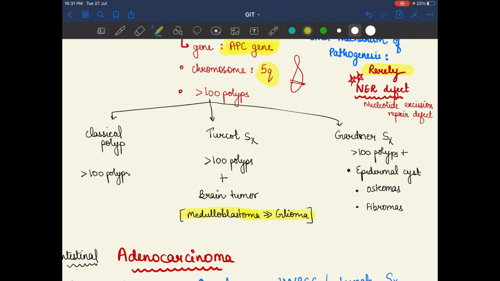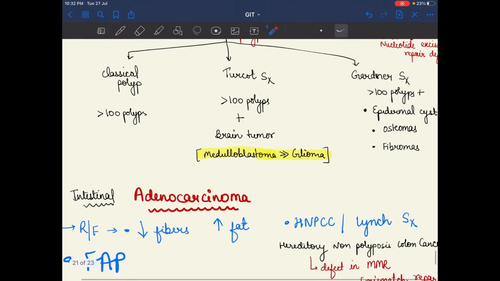In the Gardner syndrome, more than 100 polyps plus epidermal cysts, osteomas, and fibromas are also present. Epidermal means skin, osteomas means bone, and fibromas means fibers. So this is all about FAP.